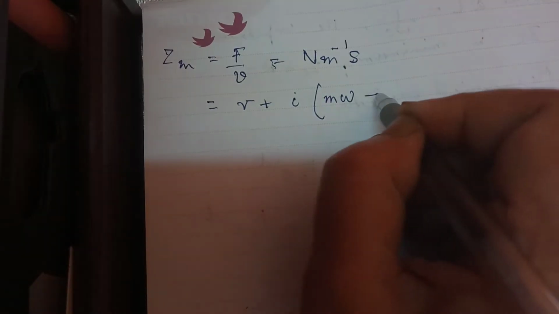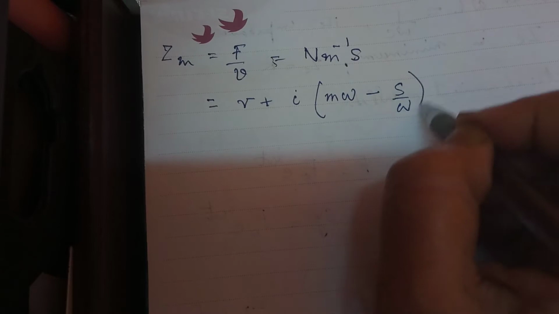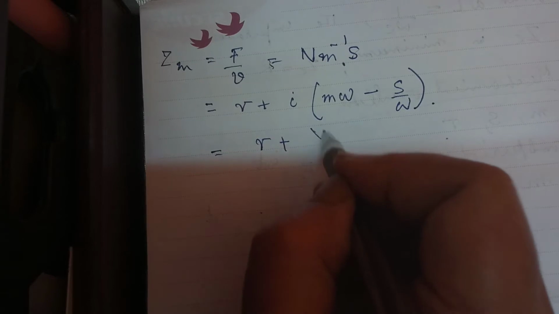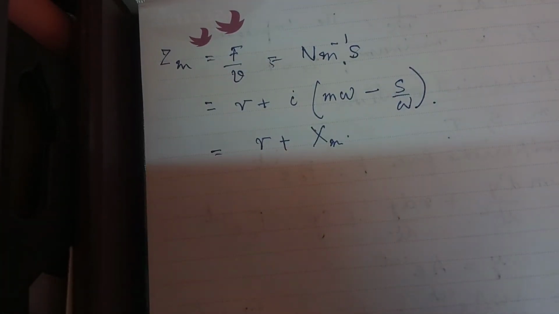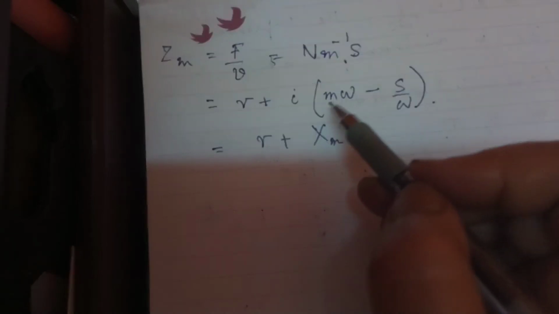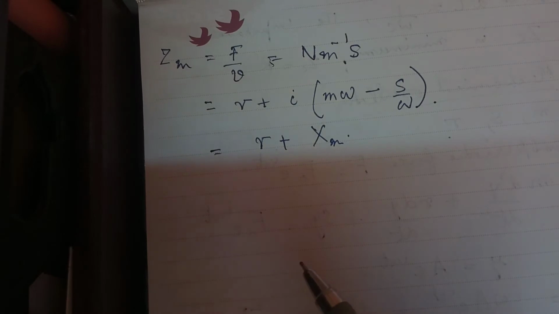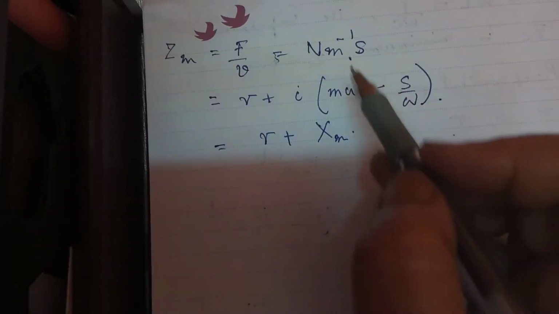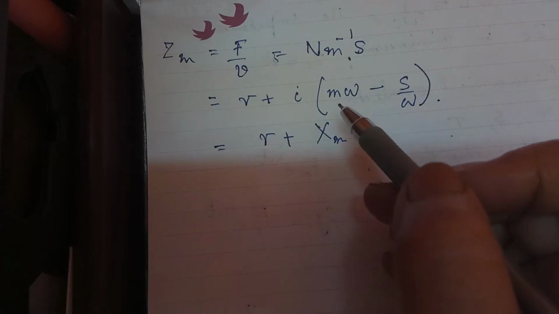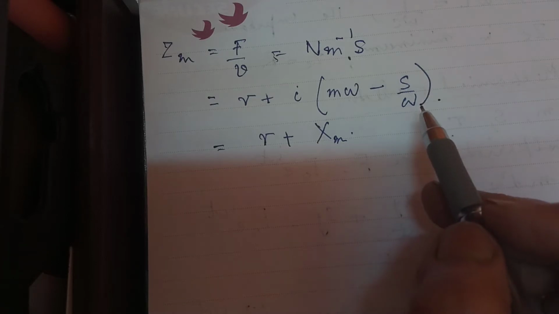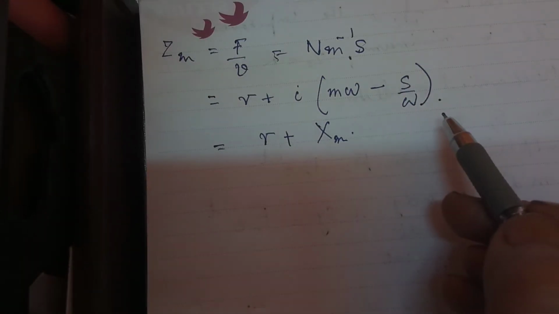So R plus i (m omega minus s by omega) is equal to R plus i Xm, the corresponding mechanical reactance, which consists of two components, one a mass component and another a stiffness constant component. Omega m is the reactance due to mass or inertia, and s by omega is the reactance due to stiffness or elasticity, as you prefer to put it.